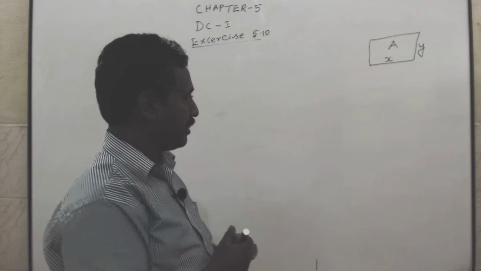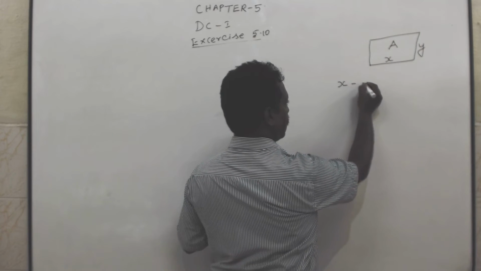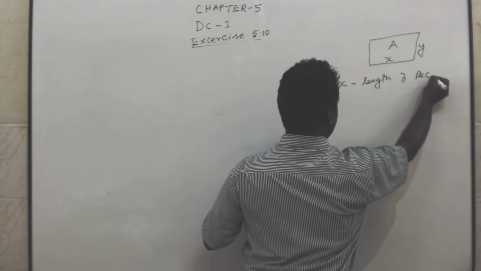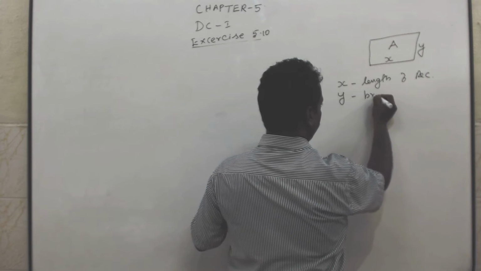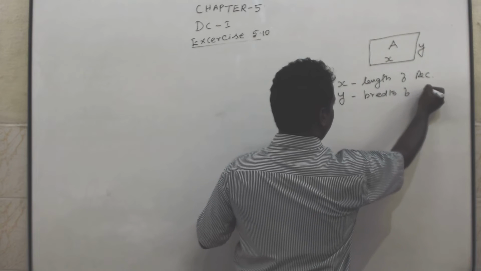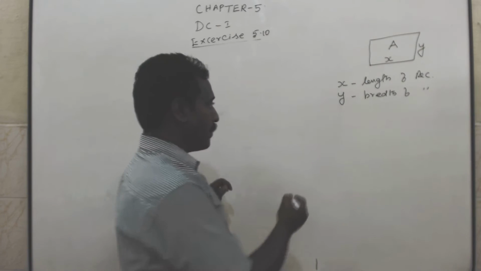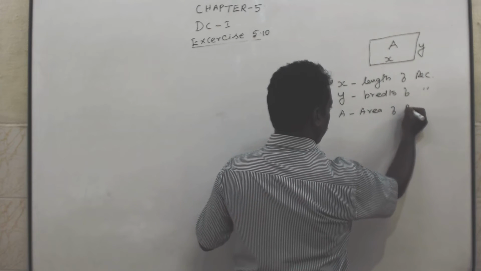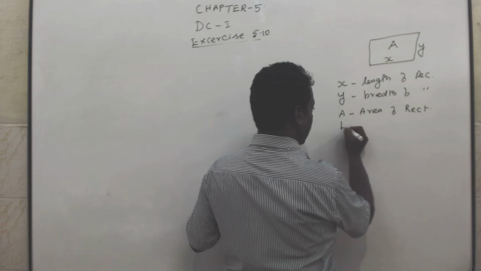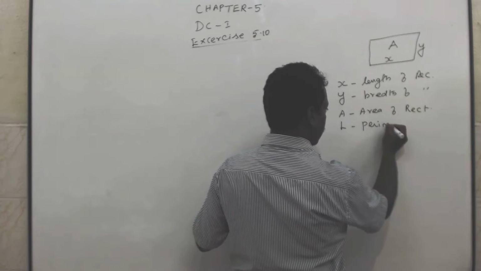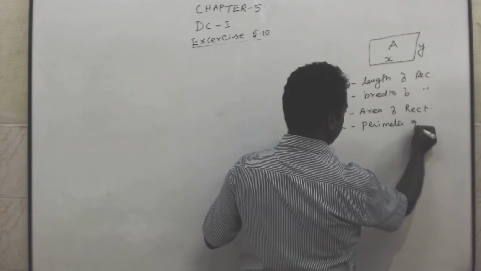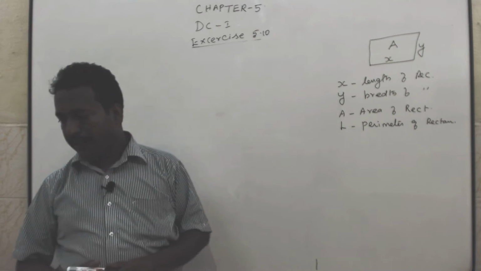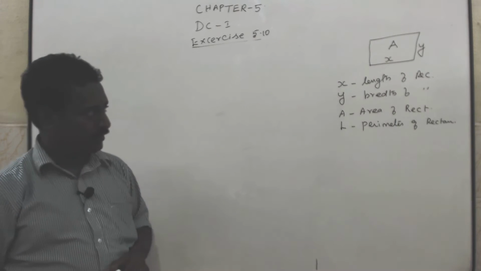Here, what are the data given? X is the length of the rectangle. What is Y? Breadth of the rectangle. A, area of the rectangle. L, perimeter of the rectangle, the total length around the rectangle.